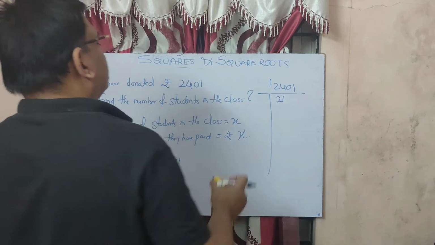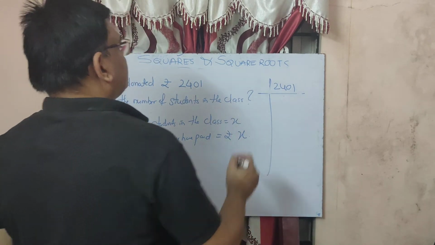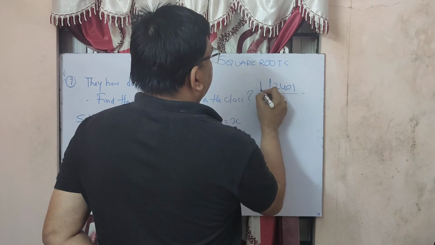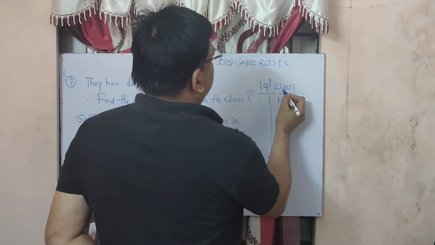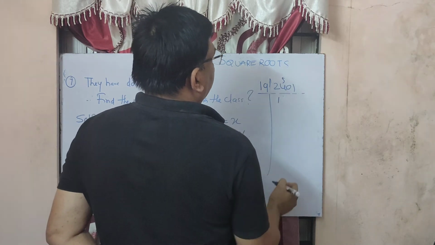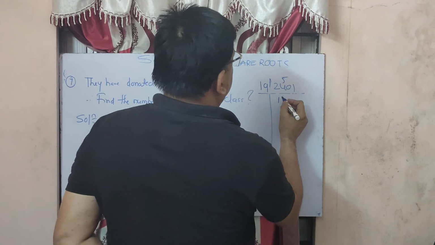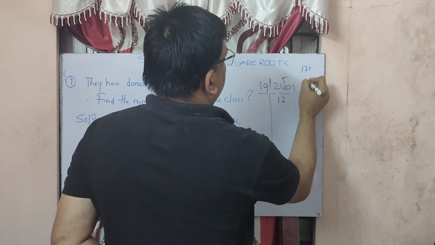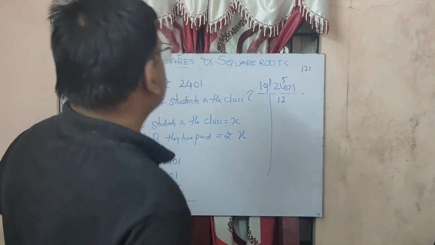Now let us start from 13. 13 not possible. So 19 you can start. 19 ones are 19, 5 remaining. 50. 19 twos are 38, so 12 remaining. So 121. That is also not possible. So what should be the thing?